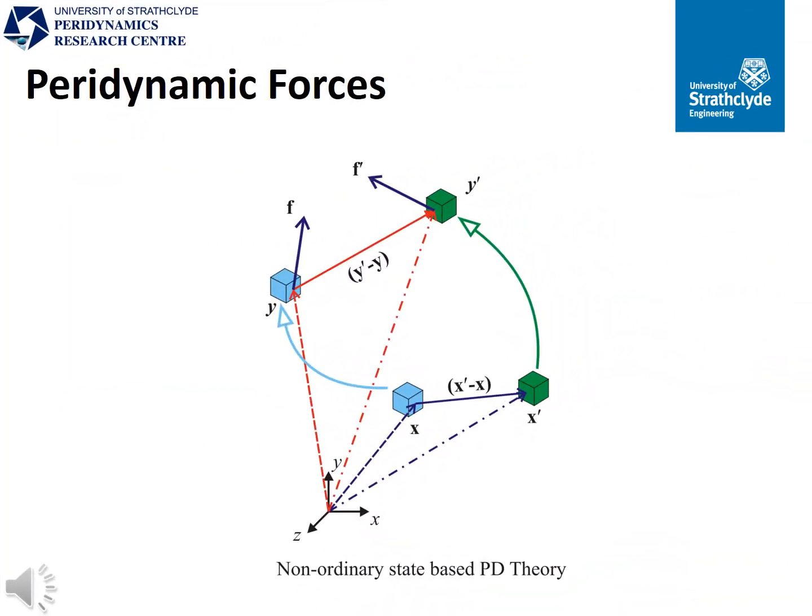Depending on the peridynamic forces, we can classify peridynamics. If the peridynamic forces that two material points acting on each other are in different directions, we call this non-ordinary state-based peridynamic theory.